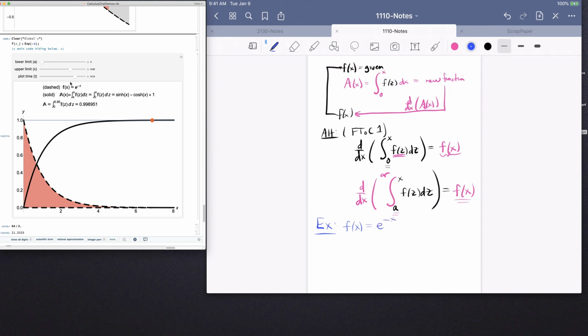And then if we look at the accumulation function, let's say find the definite integral from 1, so a is equal to 1 instead of 0, up to x, of e to the negative z dz. So here's the accumulation function from a value of 1.